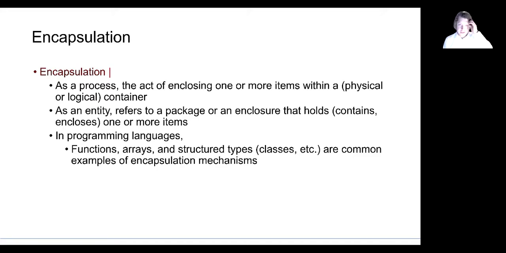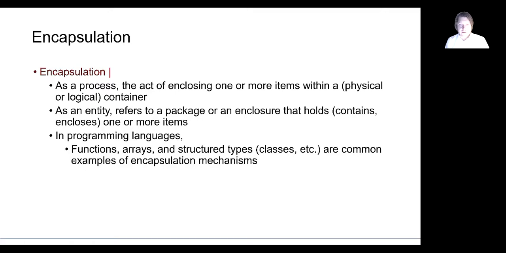In programming languages, even to date in this class, we've talked about a couple of constructs that allow us to perform encapsulation. Functions essentially encapsulate a block of code underneath a name. Arrays could house a collection of elements within the bounds of that contiguous allocation of memory.